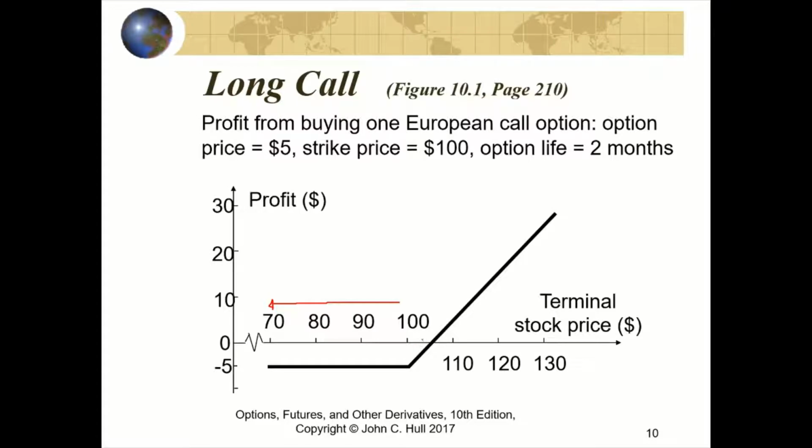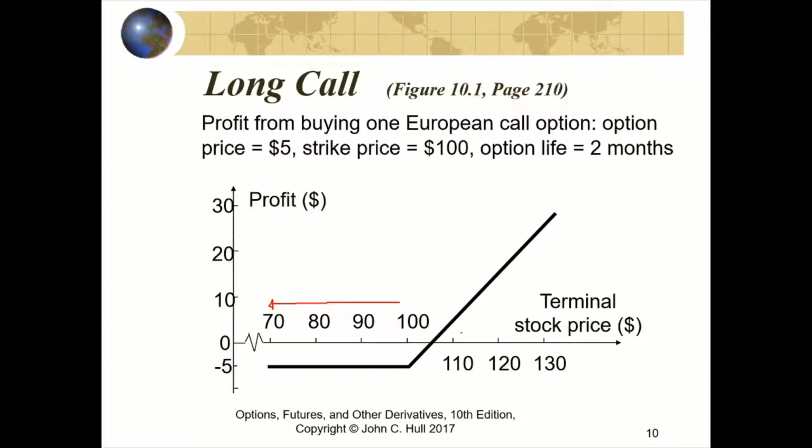Now, at any price above 100, you will find that as the underlying stock price increases, the profit of the long investor will increase. Why is that the case? Well, because remember, you have the right to buy at 100. So at any price above 100, you will always have a chance to buy at a lower price, sell at a higher price, and make a profit.